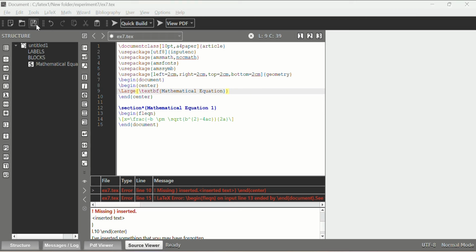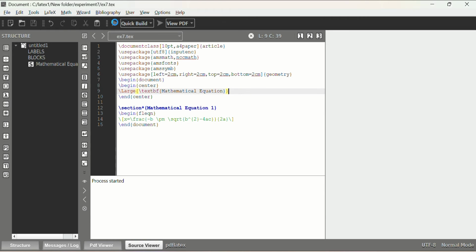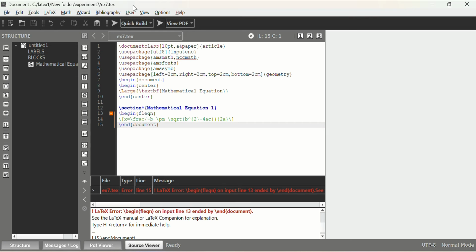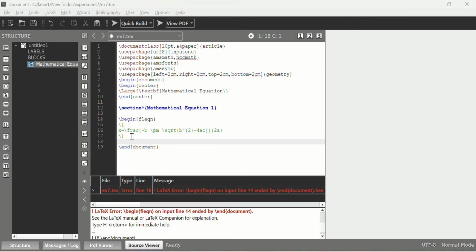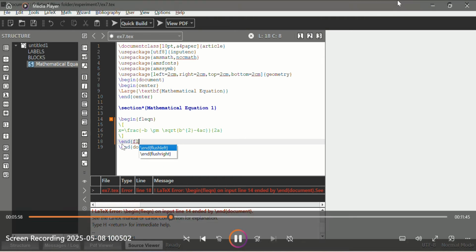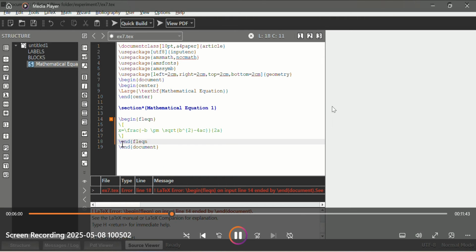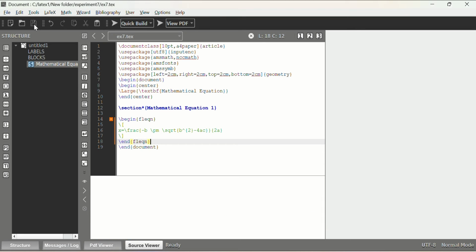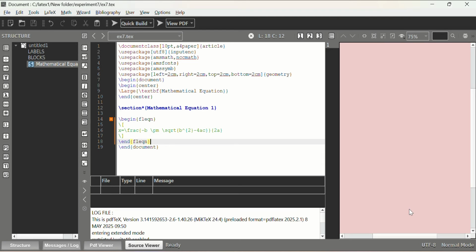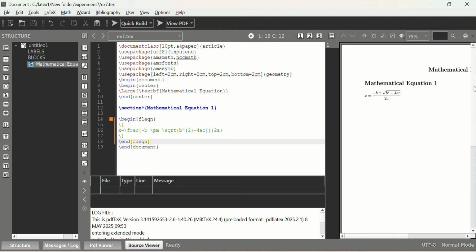Yeah, there is some error. The error here, I think it is begin flEqn, so we did not give end flEqn. Let's build it and see. Yeah, we are getting the PDF. So we have got the first equation now.